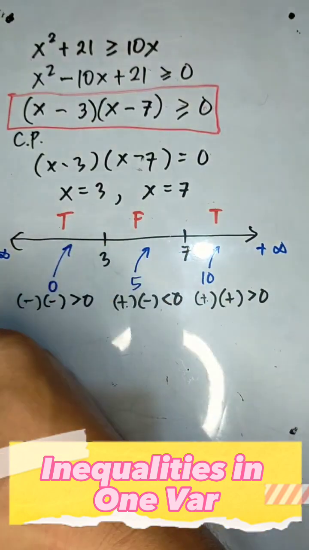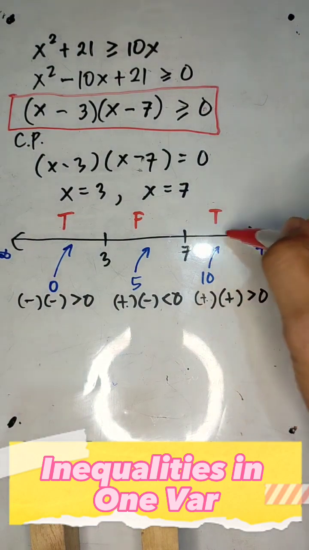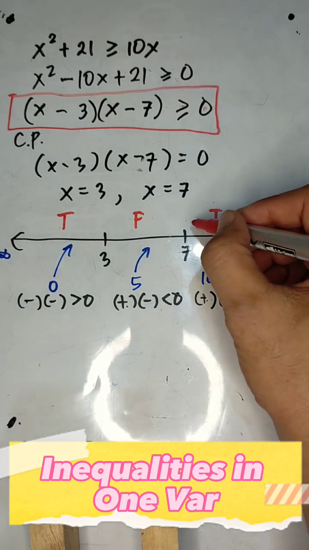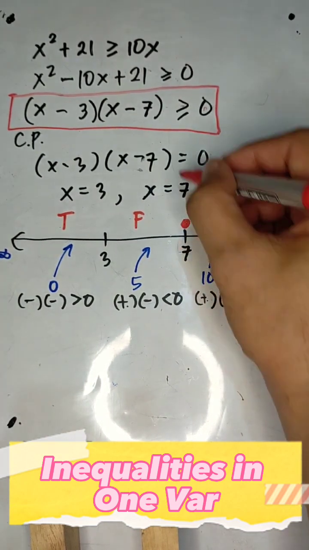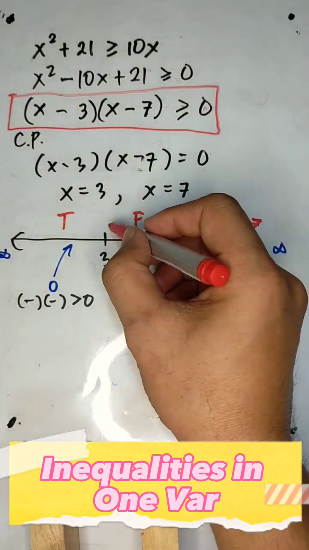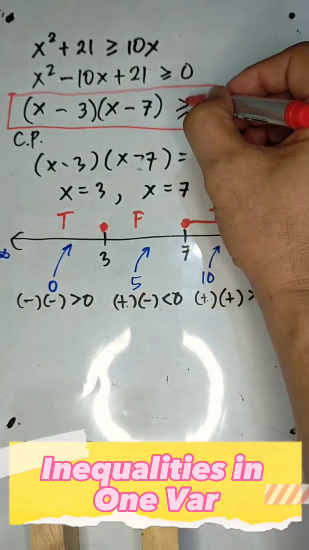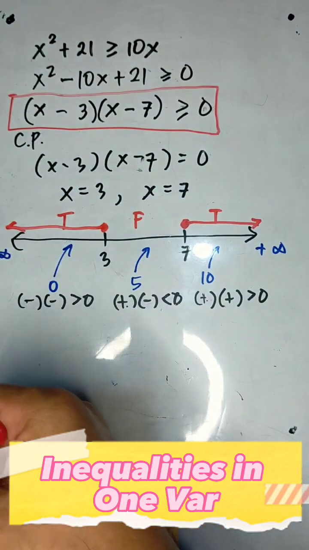So we have 2 intervals that satisfy this inequality. And if we draw the interval, since 7 is included, that's 7 up to positive infinity. And for this interval here, 3 is included because the zeros are included, so it goes to negative infinity.